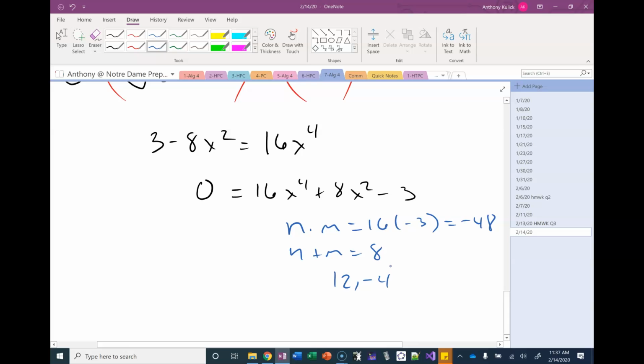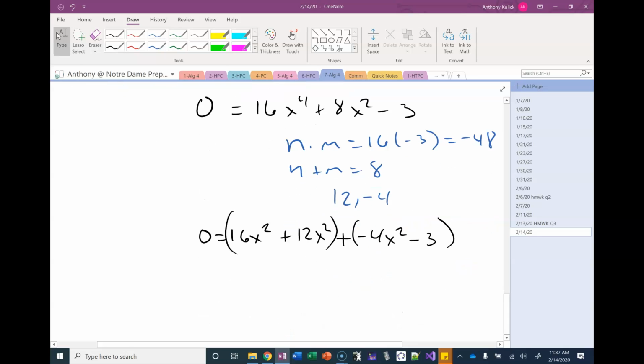Hopefully you can see that the 2 numbers that are going to do that are 12 and negative 4. So I'm going to replace the 8x squared with 12x squared plus negative 4x squared, and then make 2 groups. From the first group, we can take a greatest common factor of 4x squared. Oops, that was 16x to the 4th.